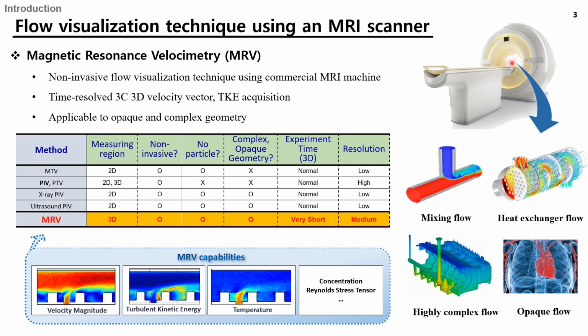And because MRV uses magnetic field signals for measurement, it's suitable for complex and opaque flow environments, and MRV allows flow measurements to be completed in a short time. The highest spatial resolution we have achieved is 0.2 millimeter. Furthermore, MRV can measure a wide range of characteristics, including velocity, decay, temperature, concentration, and Reynolds stress tensor.